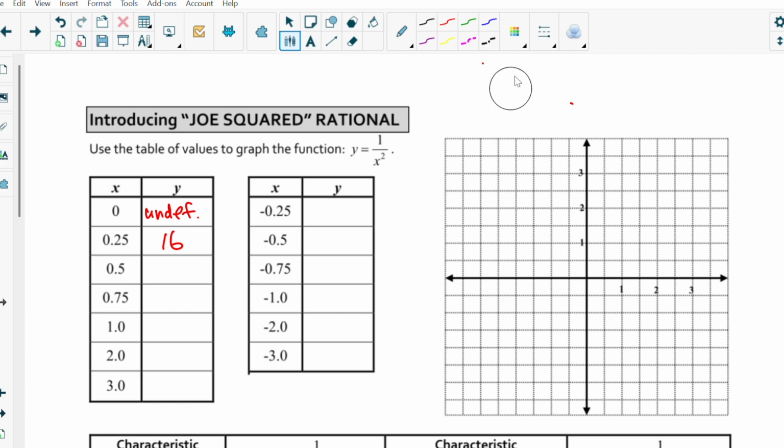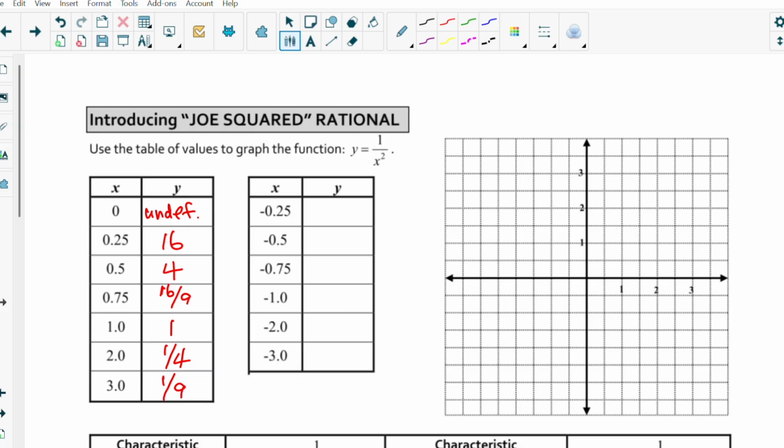Let me write in the rest of this t-table for you. 0.5, 4. 0.75, 16/9. 1.0, 1. 2.0, 1/4. 3.0, 1/9.